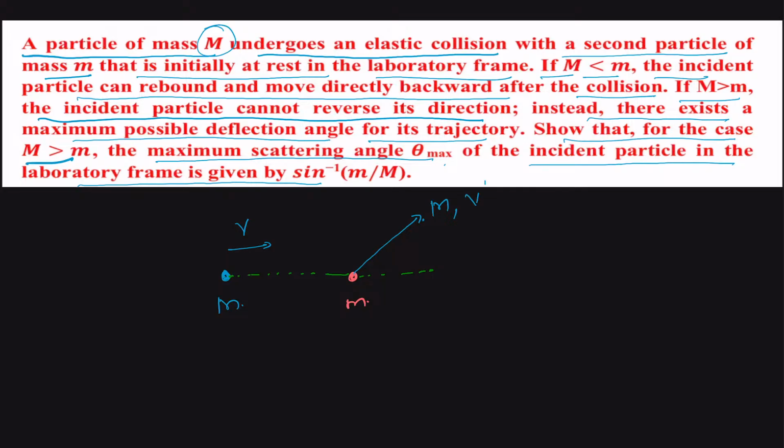Let us call this v prime, and its angle with respect to the initial direction of motion is phi. And for the small m, let us suppose it is moving in the opposite direction, and its velocity is small v prime, and its angle with respect to the horizontal is gamma.